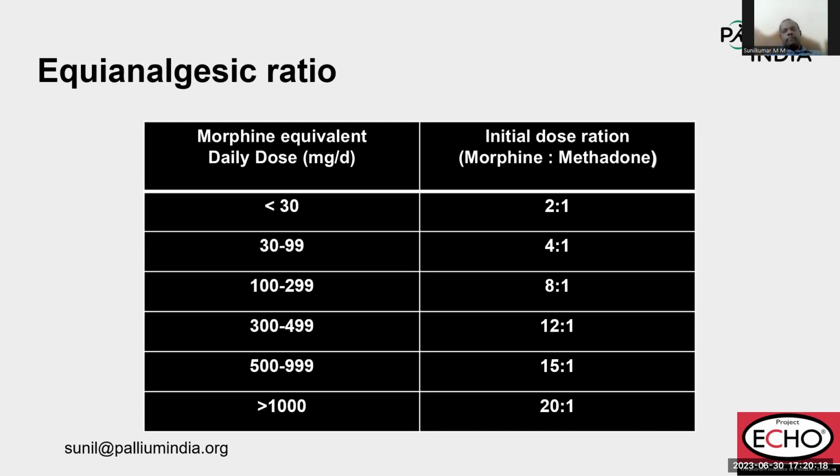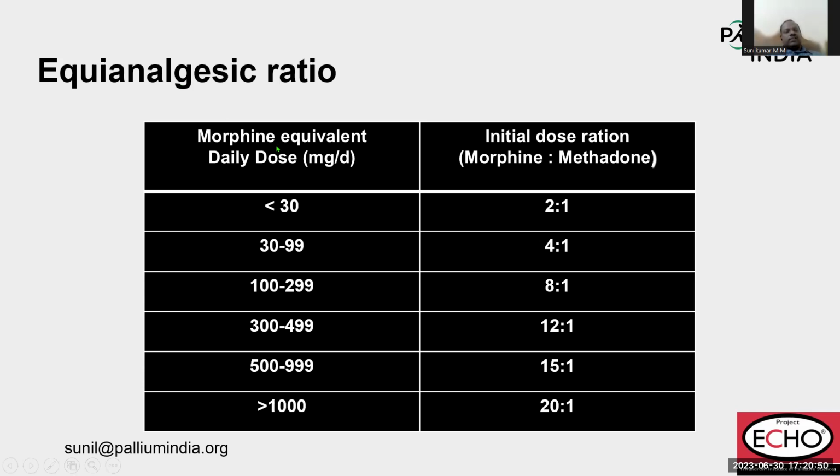So we also thought that we would try the 3-day switch or something equivalent. When you convert an opioid to another opioid, you always compare the potency of these opioids. So this was the equianalgesic conversion table available at that time for methadone. Whatever opioid the patient is taking, you have to convert it into oral morphine equivalent doses.